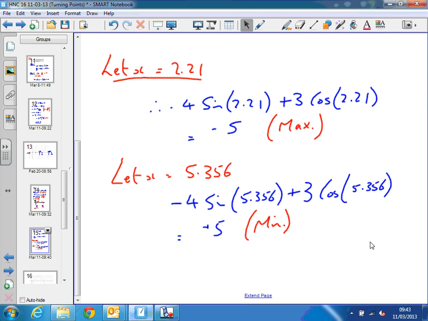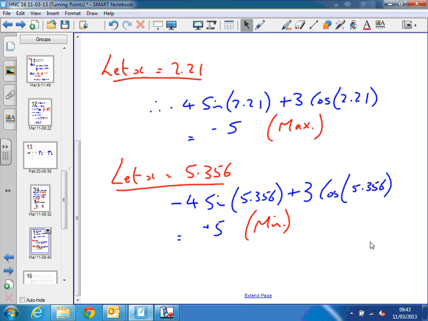So putting in the values, x equals 2.21 and x equals 5.356, we get that there's a maximum at 2.21 and a minimum at 5.356. Okay, the only thing we've got to do now is what? We know that there is a maximum value at 2.21.